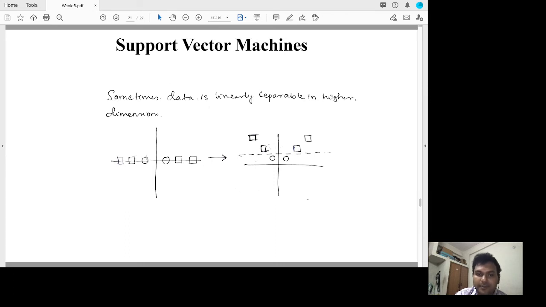So this circle I'm pointing to is probably -1, and becomes -1, 1. This is probably -2, this becomes -2, 4. This is -3, this becomes -3, 9. Correct? You got it? Yes. And after that it just becomes a linear classifier on the right. Just by squaring, your problem is solved.